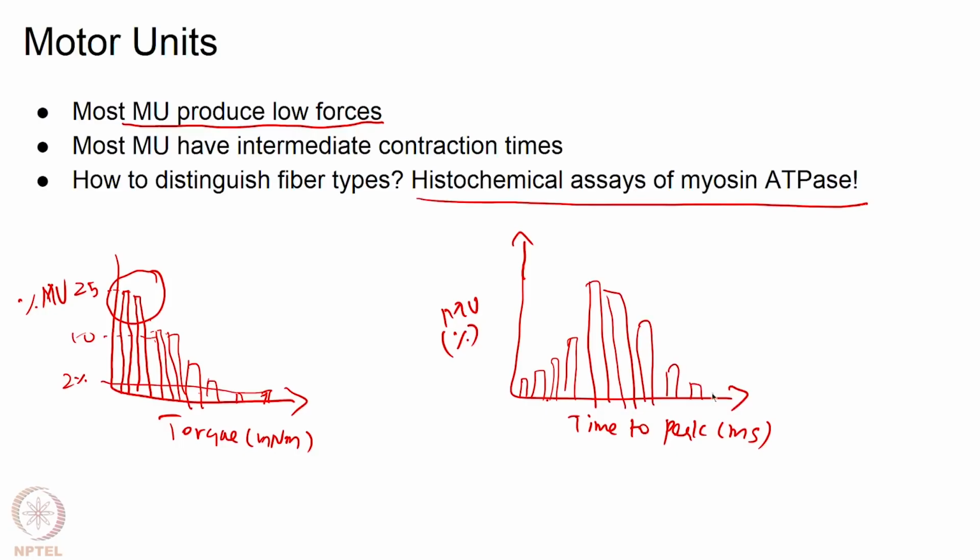This is approximately a normal curve. If I were to plot this, I am going to get something like that. So, most motor units are located here and they have intermediate contraction times.